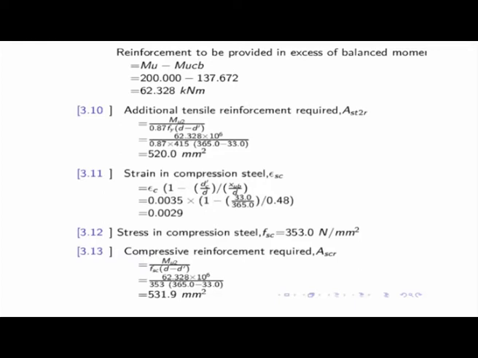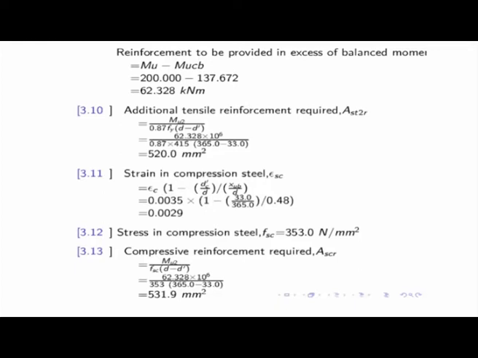The issue is whether you will believe your calculation or not. Obviously I believe my calculation, and on the basis of the value I am getting, I can use the 12 millimeter dia bar and pay for 5 numbers, because the cross sectional area of each 12 millimeter dia bar is 113 square millimeter.